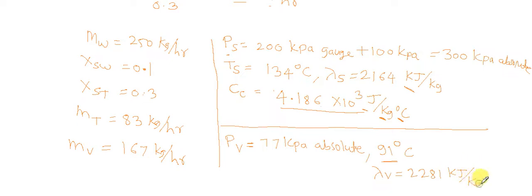This value is given to us, otherwise we have to use our steam table. From this you will get the latent heat of vaporization with respect to temperature 91 degrees Celsius. Okay, so this is given to us.